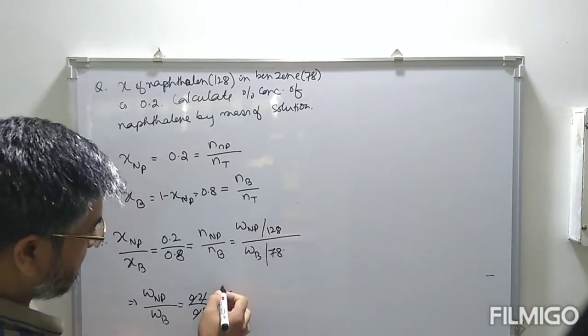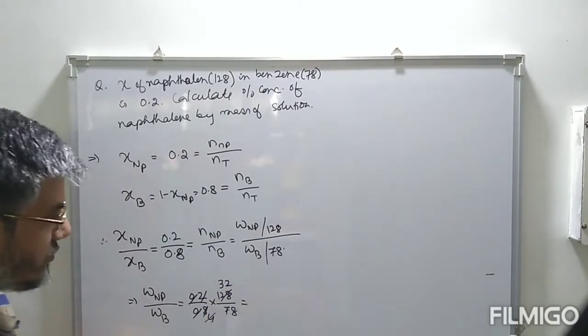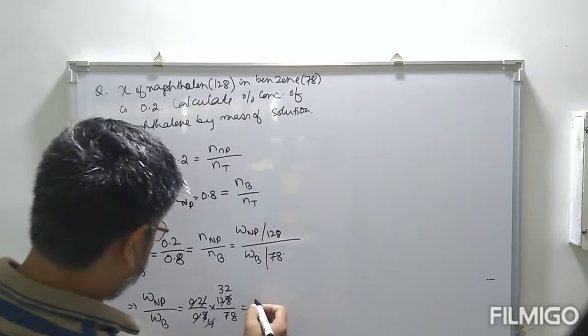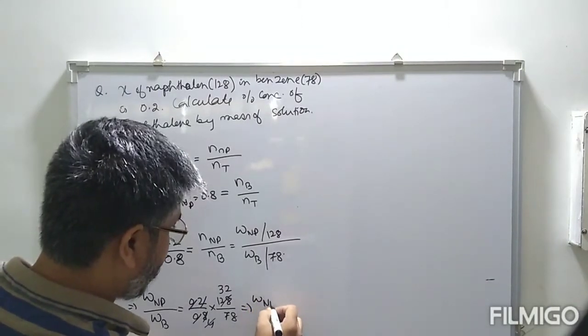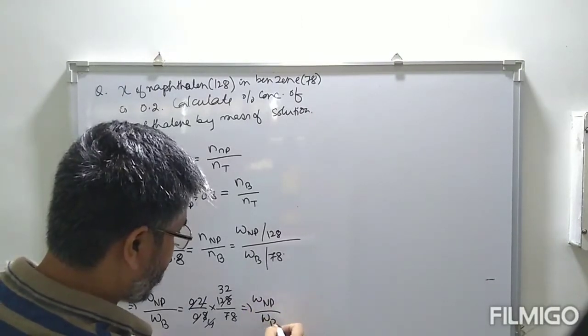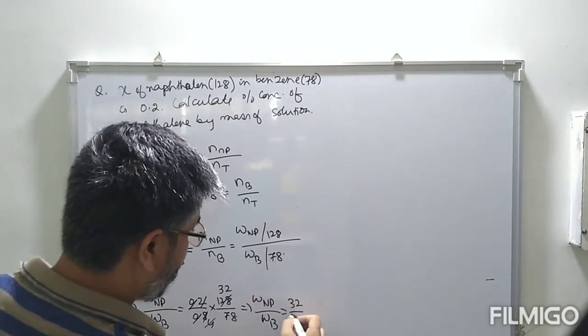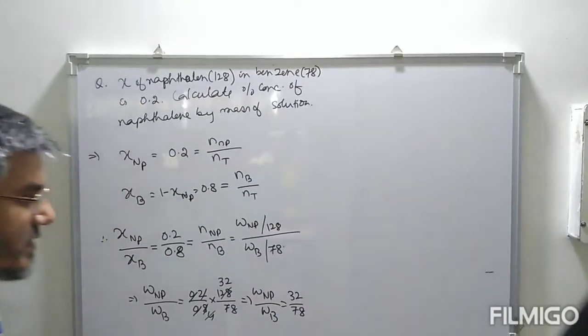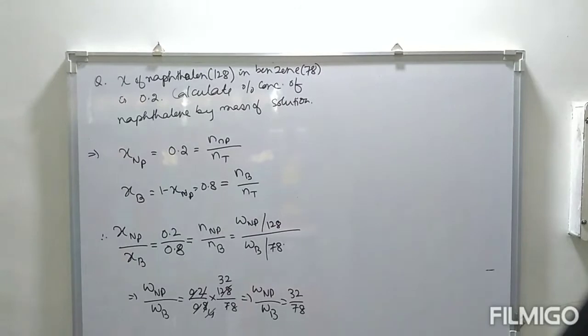So we have mass of naphthalene by mass of benzene is 32 by 78. This is the mass ratio.